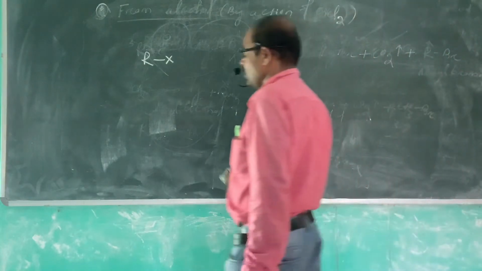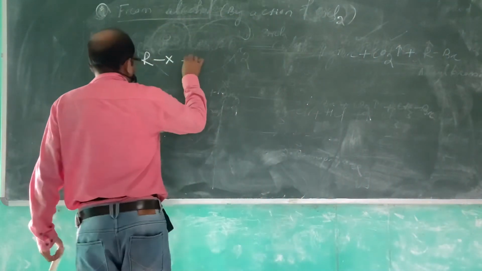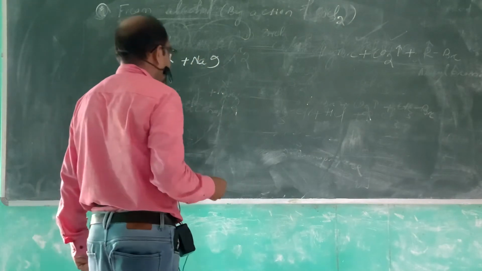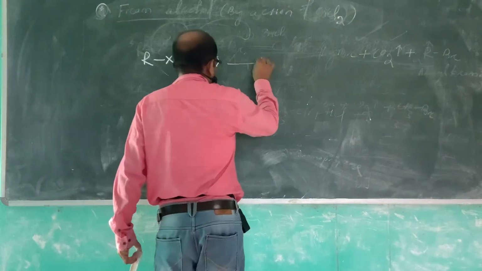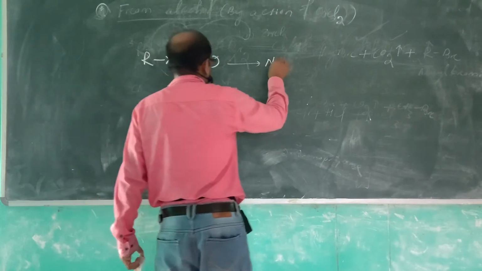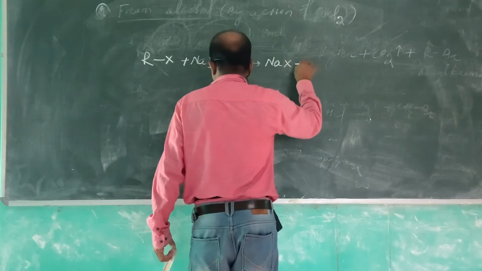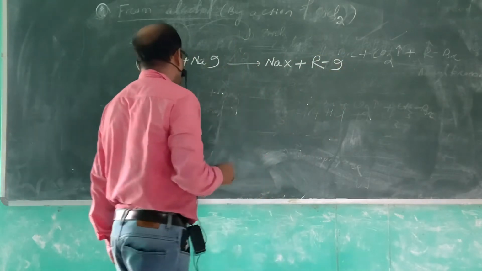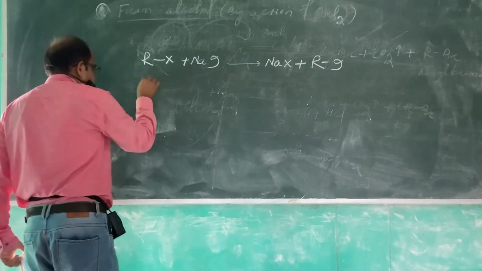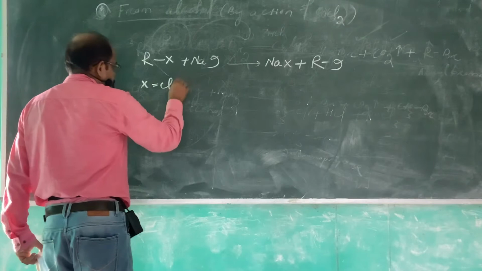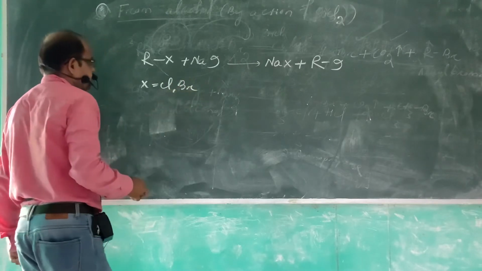RX, the formula of alkyl halide, plus NaI, the formula for sodium iodide, gives rise to sodium halide plus RI, alkyl iodide. Here X is equal to chlorine or bromine.